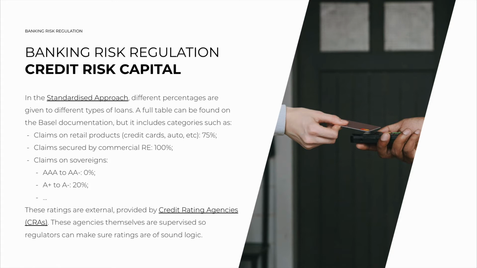And interestingly enough, in the US, since the Dodd-Frank Act in 2010, some regulators stopped using external ratings altogether, completely distrusting the credit agencies and calculating the ratings internally themselves and handing the results to the banks.